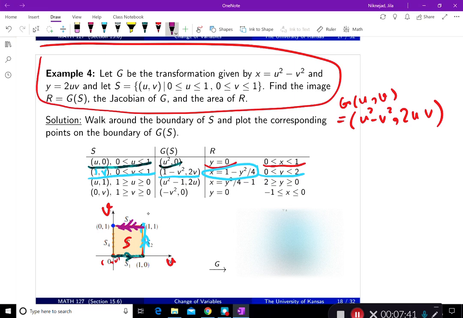So it starts over here, where u is going to be 1, and then over here u is going to be 0.